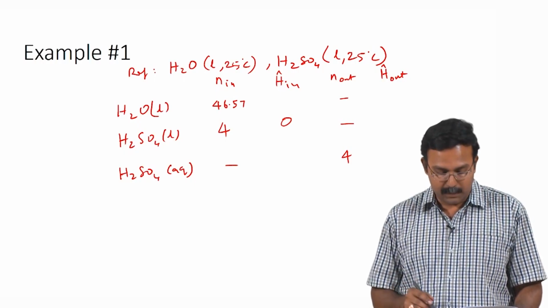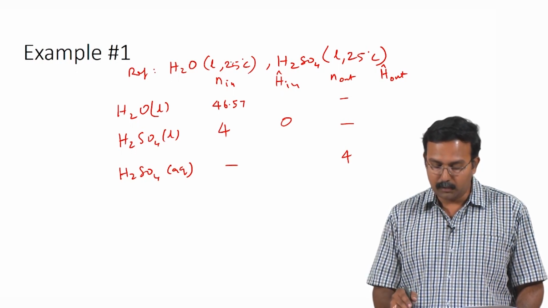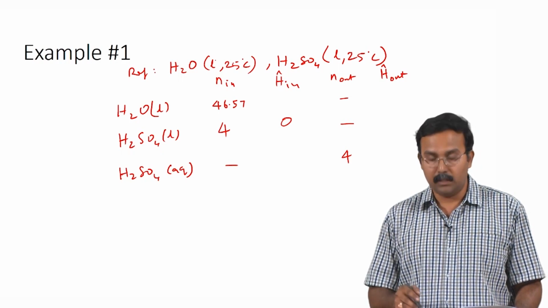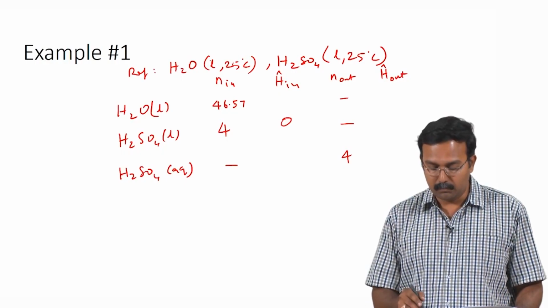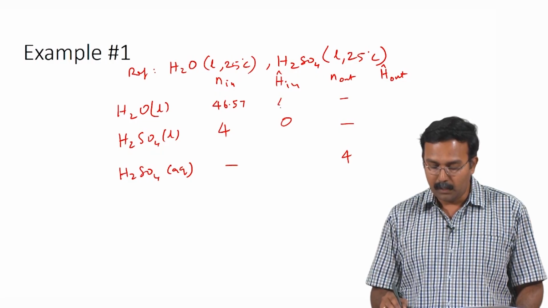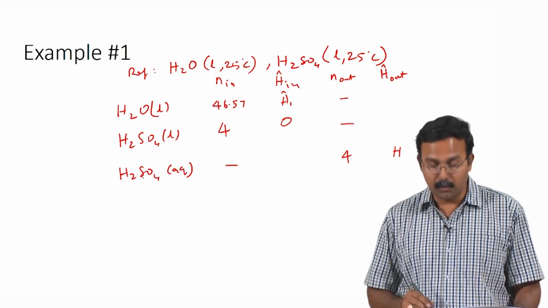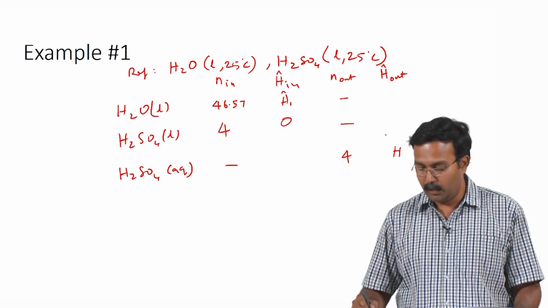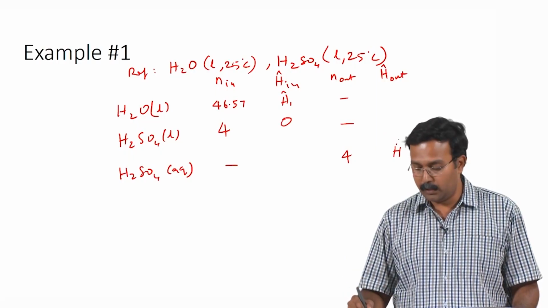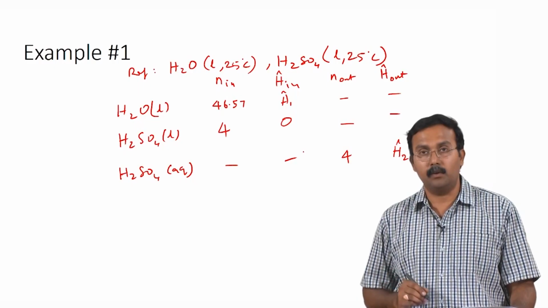So, the enthalpy value you have for water would be H1 cap, which needs to be calculated, and similarly there would be an enthalpy for aqueous solution of H2SO4, which would depend on the heat of solution. So, let us say that is H2 cap, and the other parameters do not have to be accounted for.